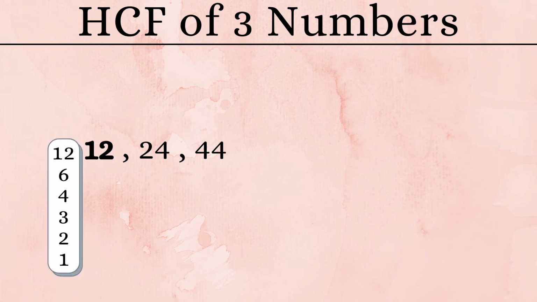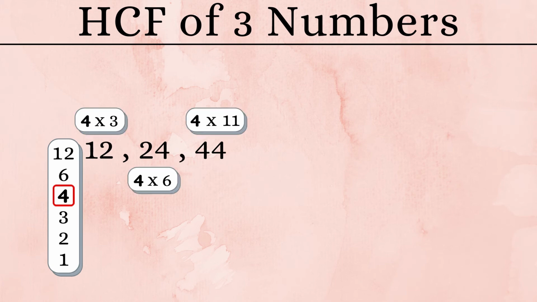So let's list down the factors of 12 and find out the second largest factor of 12, which is 6. Again we find that 44 is not a multiple of 6. So we go on to our next largest factor, which is 4. Now we can conclude that all the three numbers 12, 24 and 44 are multiples of 4. Hence, the HCF is 4.